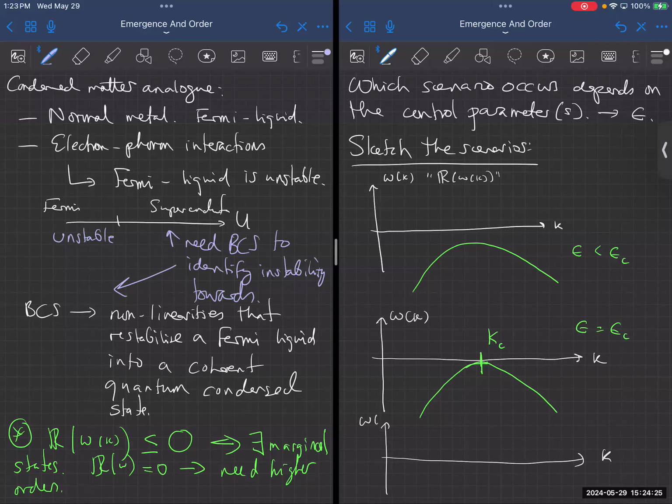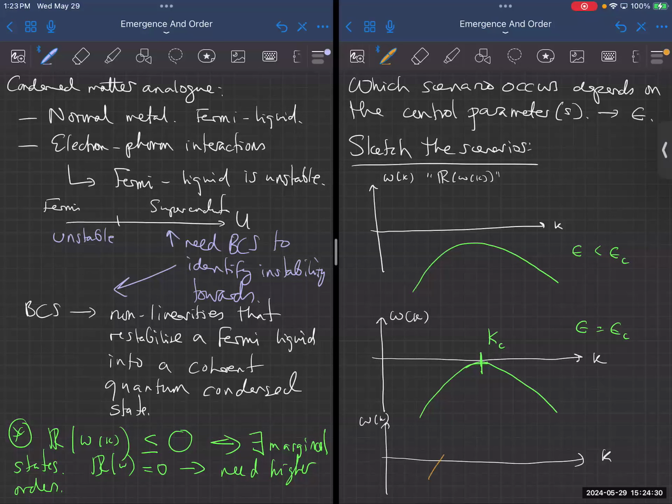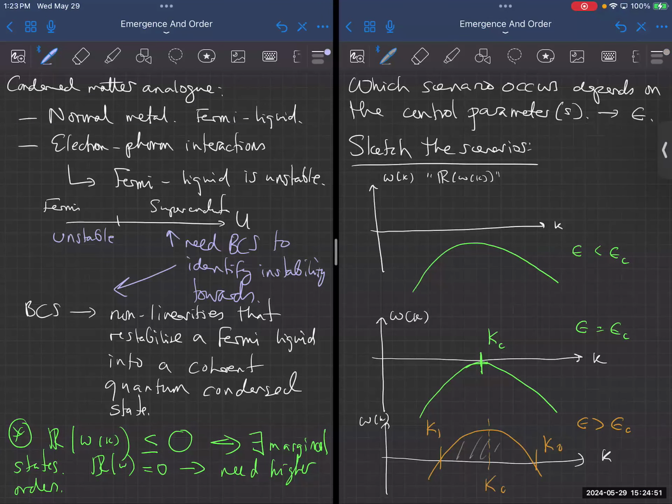And then here's the last case, epsilon greater than epsilon c. And you can see here is K1, here is K2, here might be a Kc. And in this range, these are all unstable. And over here, these are stable, and stable over here.